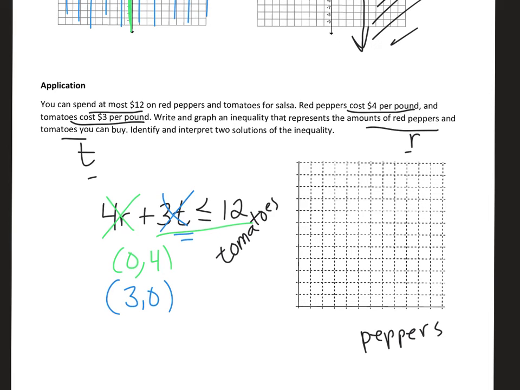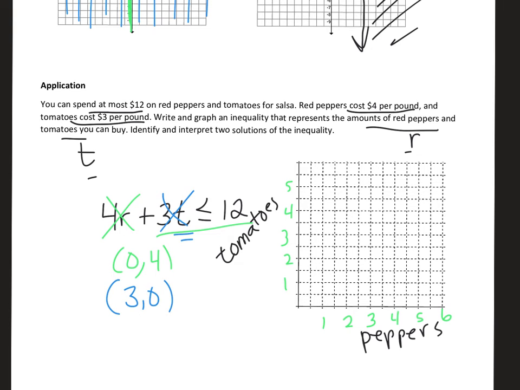I'll go up by 2s: 2, 4, 6. Actually, I'll go like this: 1, 2, 3, 4, 5, 6, just so it's spaced better. And then tomatoes, 1, 2, 3, 4, 5.